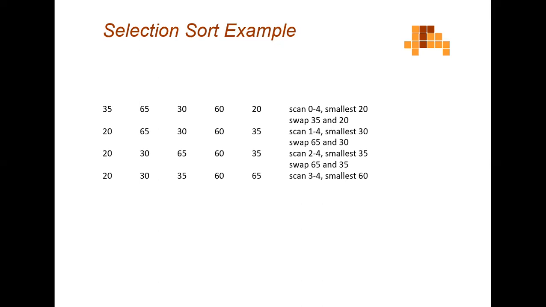So we select the lowest item and put it to the front, and then we continue. We scan 20, 65, 30, 60, 35. We scan it again and put the lowest again to the front, and so on. So scan 1 to 4, and the index is changing again.